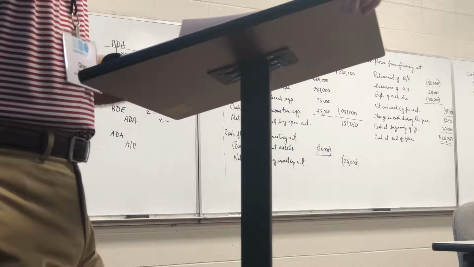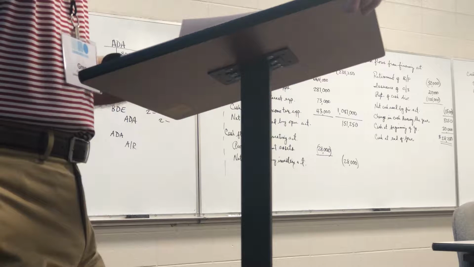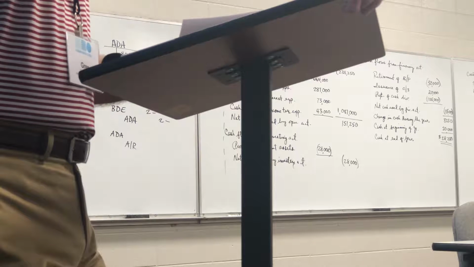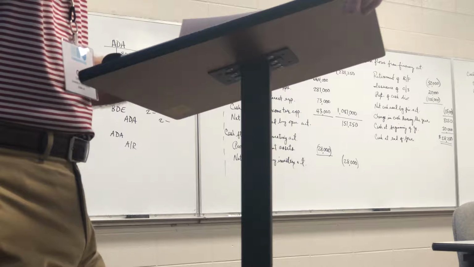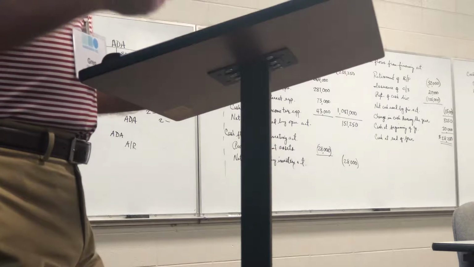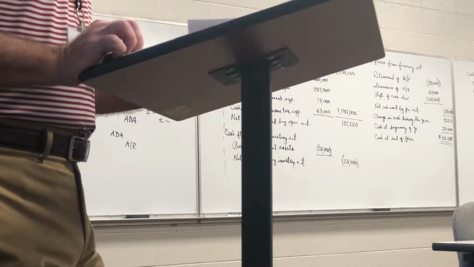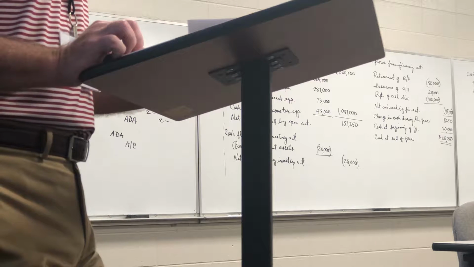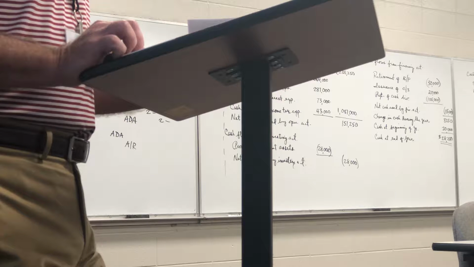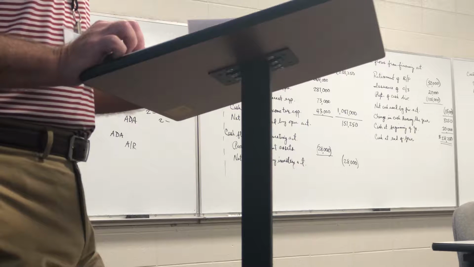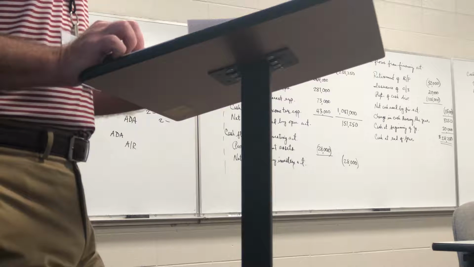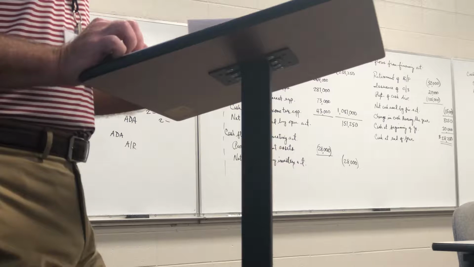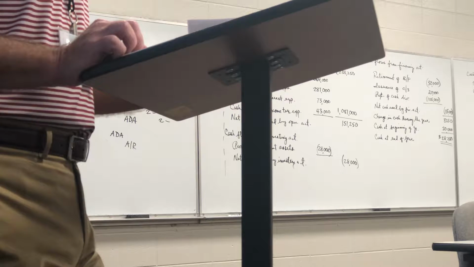Change in accounts receivable, net. So what is the change in accounts receivable net from year 16 to year 17? $23,000. And do you add it or subtract it? Subtract it because it's an increase.